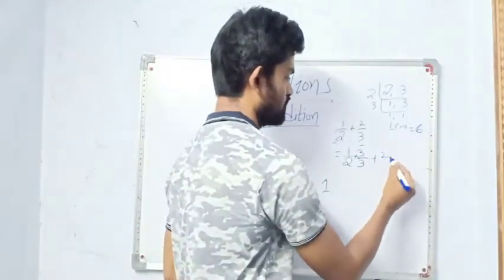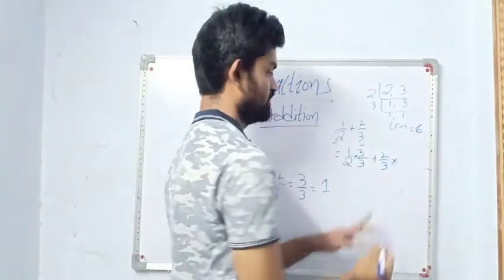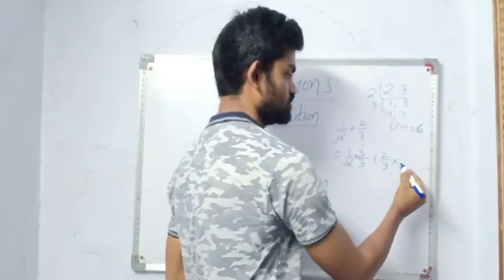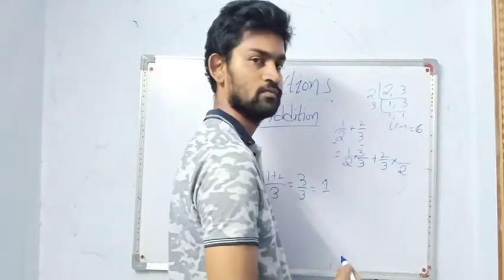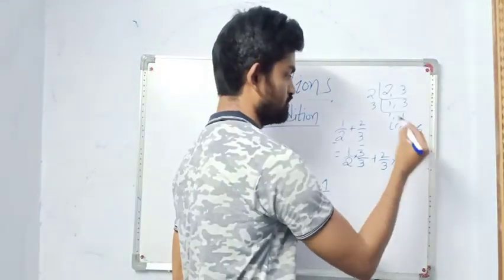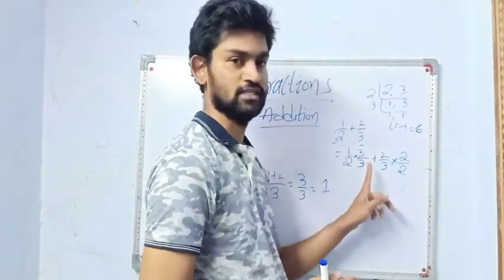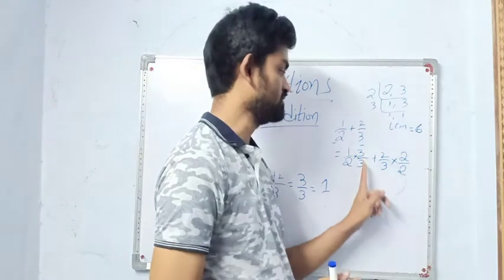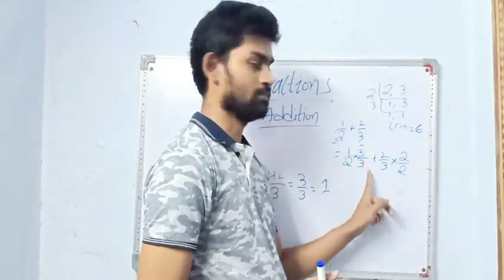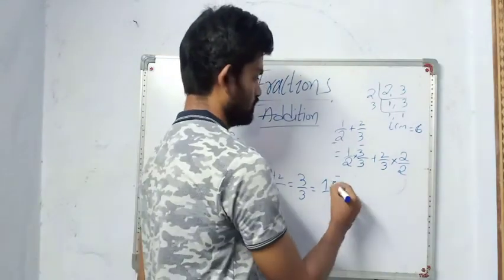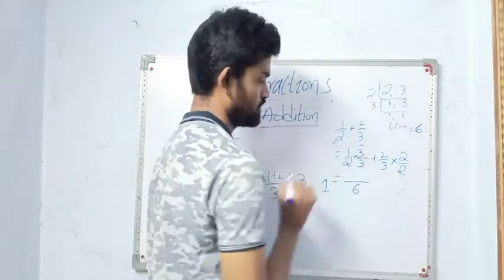Next. Here 2 by 3 is there. Here 3 is there. With how much do I have to multiply to get 6? 2. So here the numerator also you have to multiply with 2. Whenever you are doing this, you have to do it like this: multiply and divide with the same number. That is 3 by 3, 2 by 2. Now LCM how much? 6.